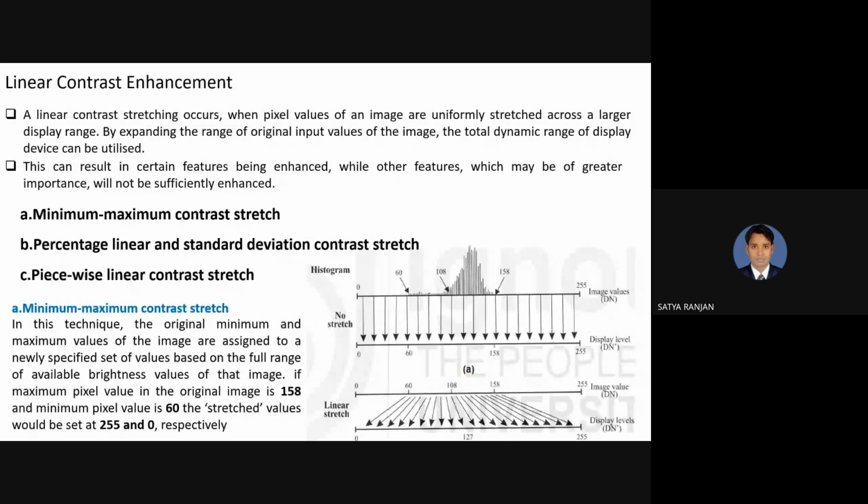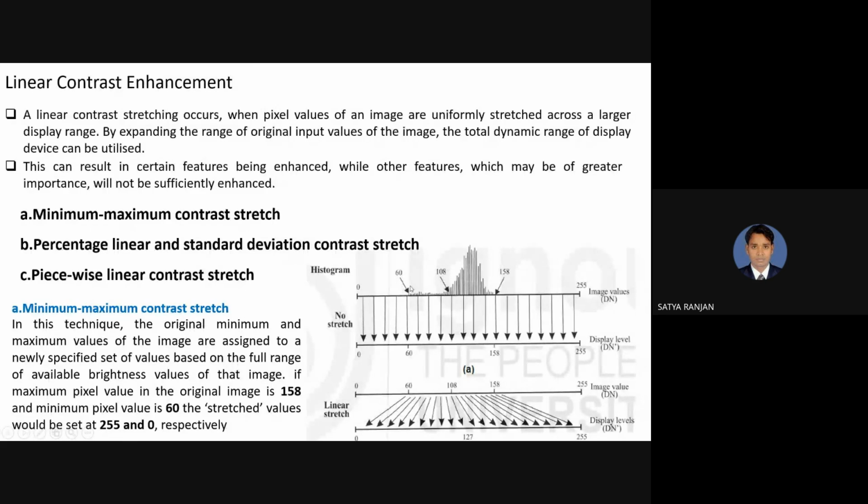So when our pixel values are 60 to 155, suppose in a satellite image, the very large bright information is not there and very dark information is not there. So 60 to 155 is there.